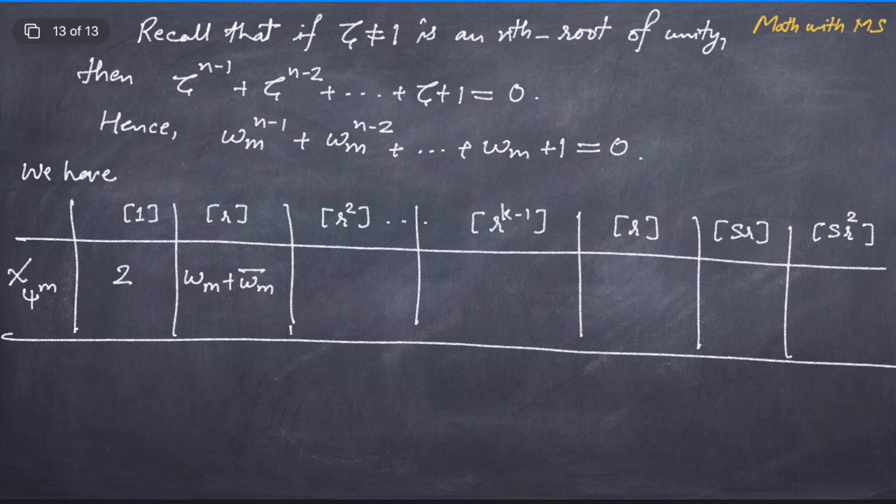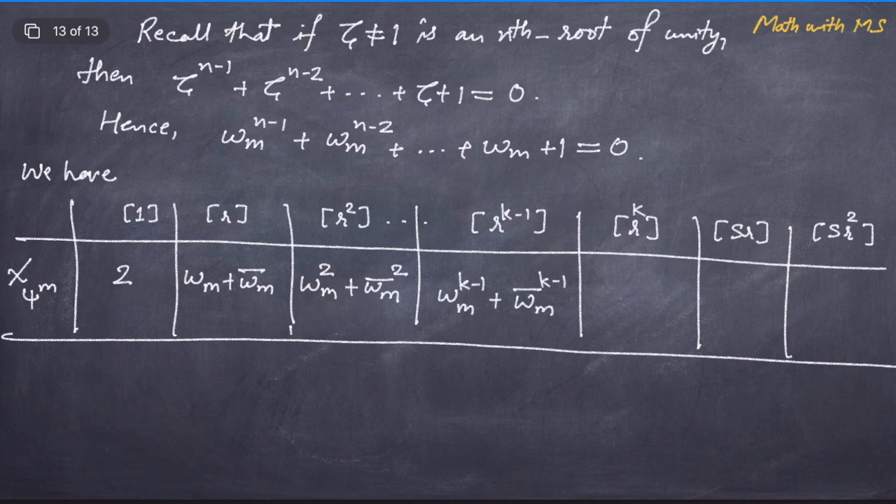Psi m of r square will be psi m of r whole square, that is A square, and the trace of this matrix is omega m square plus omega m bar square. You can directly compute the square of the matrix and higher powers, and as you go like this you get the trace of the matrix A to the power k minus 1 will be omega m to the power k minus 1 plus omega m bar to the power k minus 1.